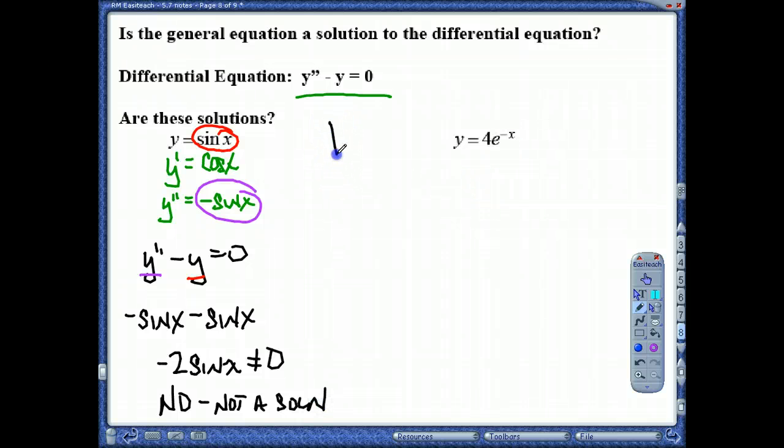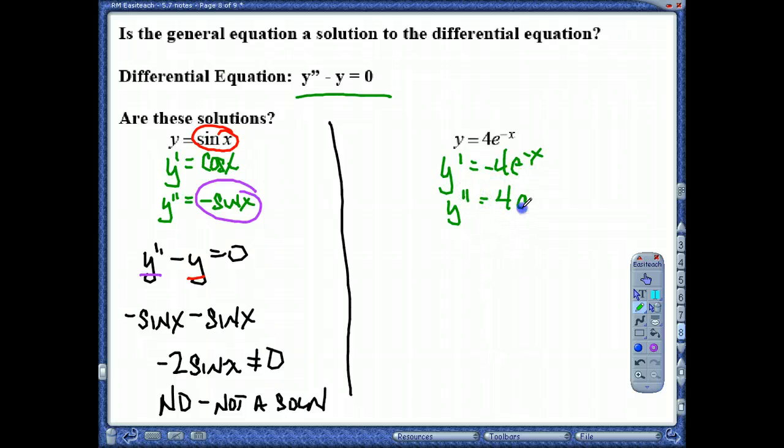So let's try this little guy over here. Let's find the first derivative. So y prime is going to be negative 4e to the negative x. Y double prime is going to be 4e to the negative x, because remember, when you take the derivative of e to the negative x, that's going to be e to the negative x times negative 1.